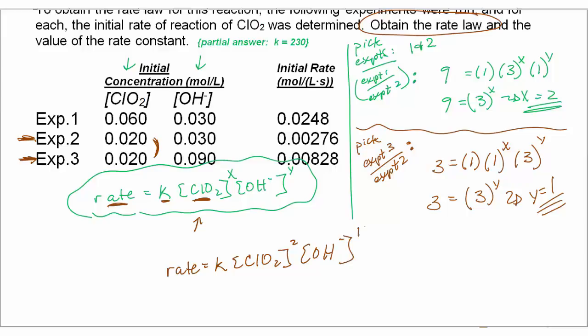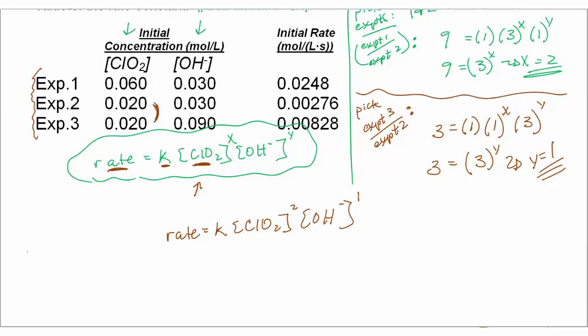I have to find K, and then I'm done. So all you do, remember, K never changes. So in all these experiments, they all have the same K.